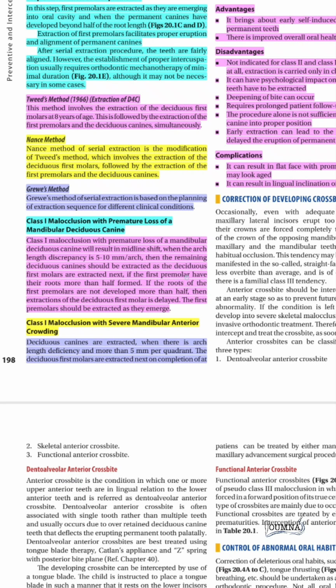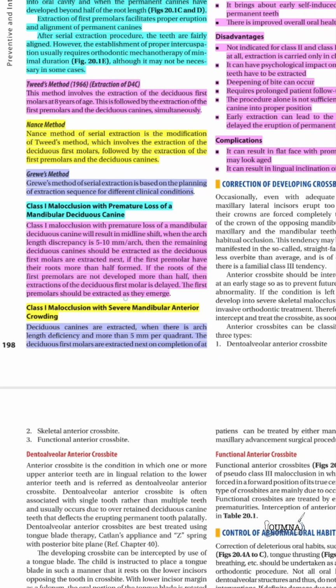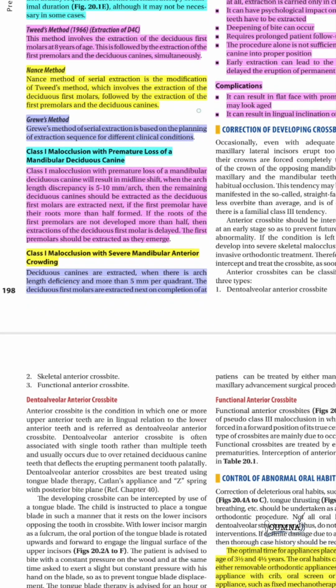When the premolar starts to erupt, we will also extract it. But the rule is that before extraction, we should make sure that the tooth that will emerge has reached its root half length.